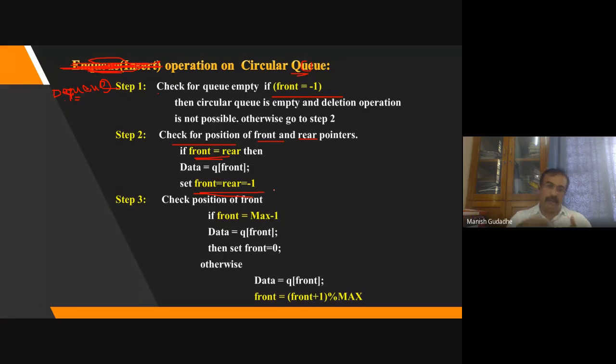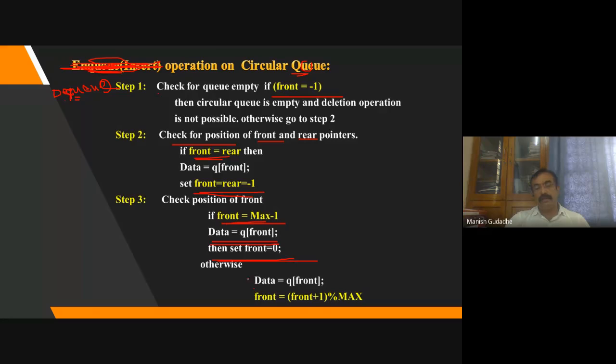If not so, then if front is equal to max minus 1, if front is at the last element, then we are going to just remove it and set front to 0. This front will again be pointing to the first element. Here we are not doing much about rear.